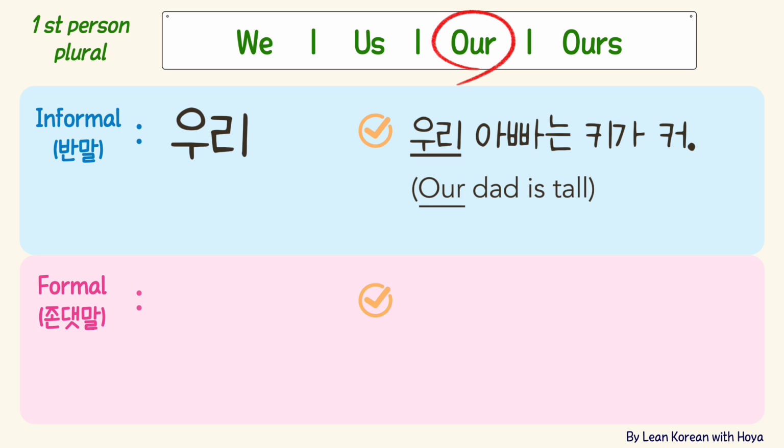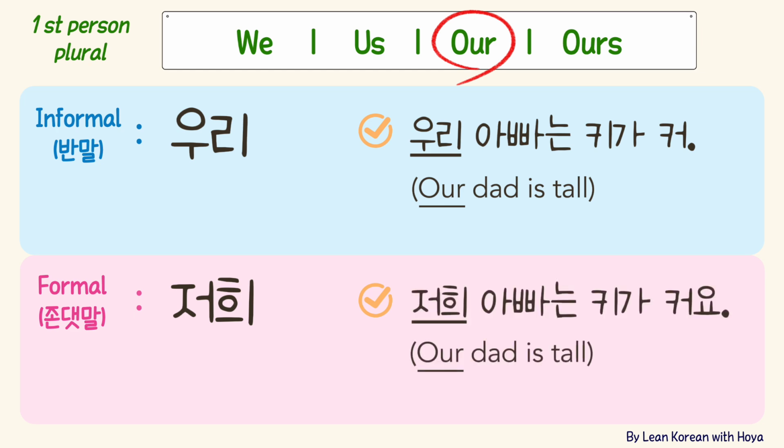The formal version is 저희. 저희 아빠는 키가 커요. Here you can see that the subject pronoun we, the object pronoun us, and the adjective pronoun our are all the same in Korean.